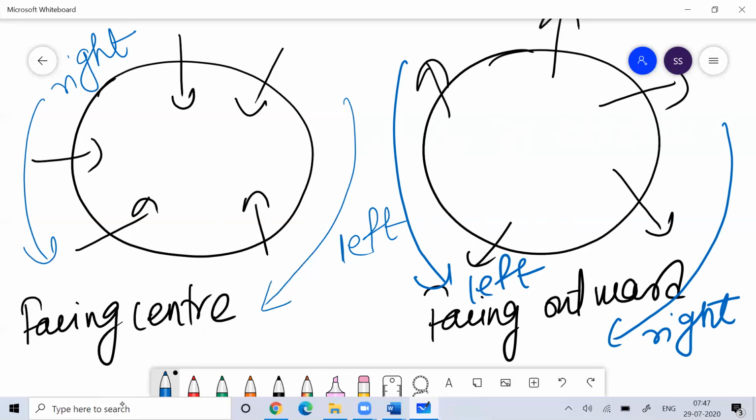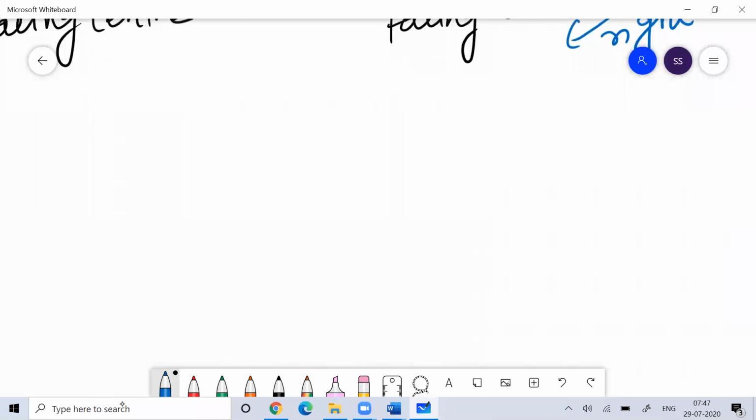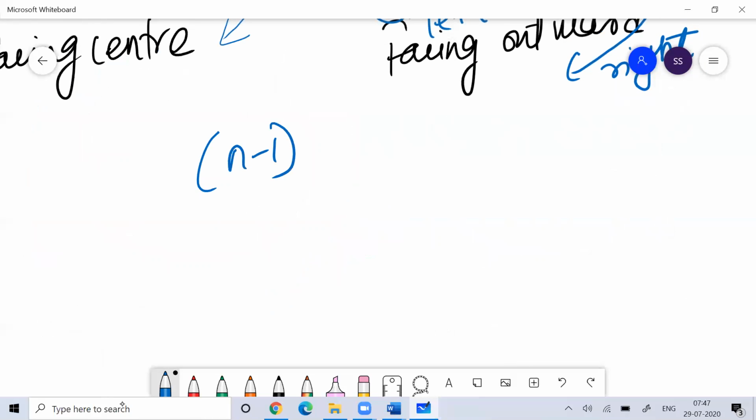So in a circle we follow n minus 1 factorial, because until the first person sits, all the places are identical. Once the first person sits, we can define the positions of the other persons with respect to the first person.